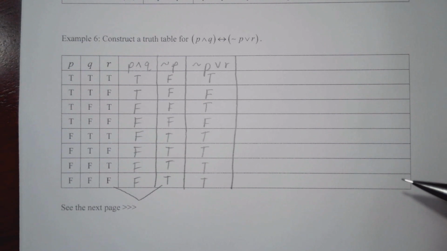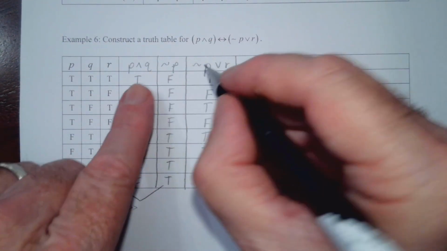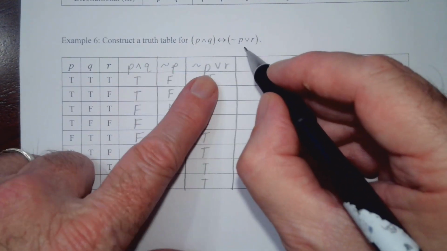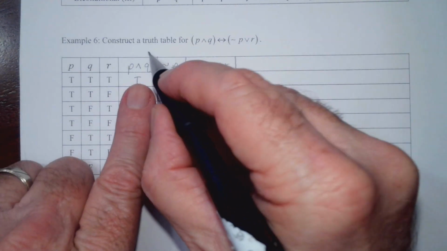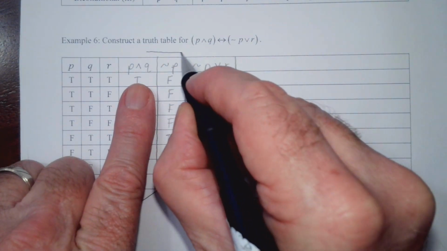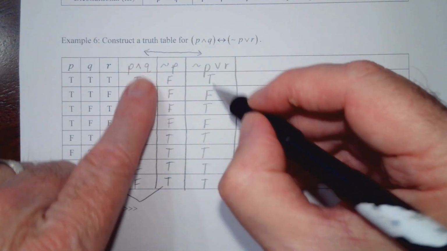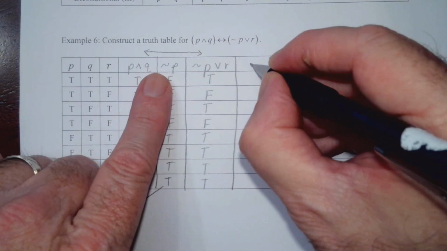So finally, we're going to do this final statement. Notice we have P and Q, and we have not P or R. And so basically, we want to go from here to here. We're looking at these 2 columns here. And let's go ahead and write the whole statement.